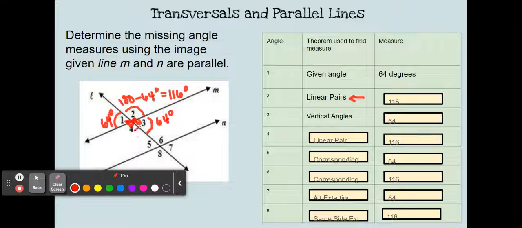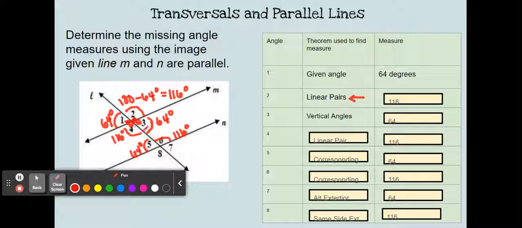Angle 5, you can see angle 1 and 5 are corresponding angles, so they're congruent. That makes this 64. 6 is a corresponding angle to 2. 6 and 2 are corresponding, same relative position. So it's 116.